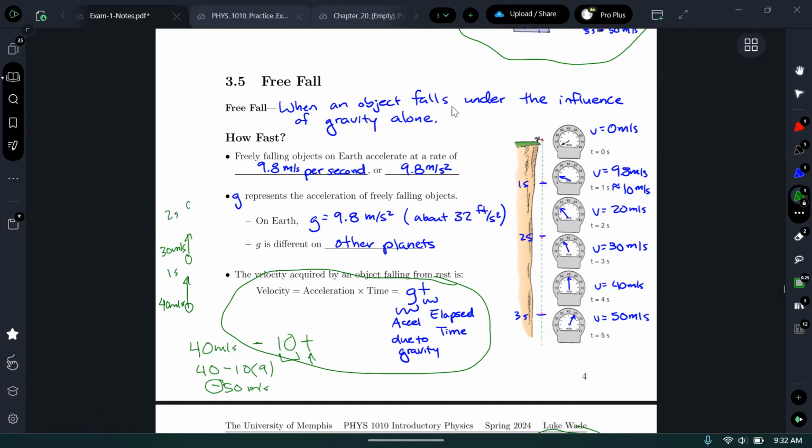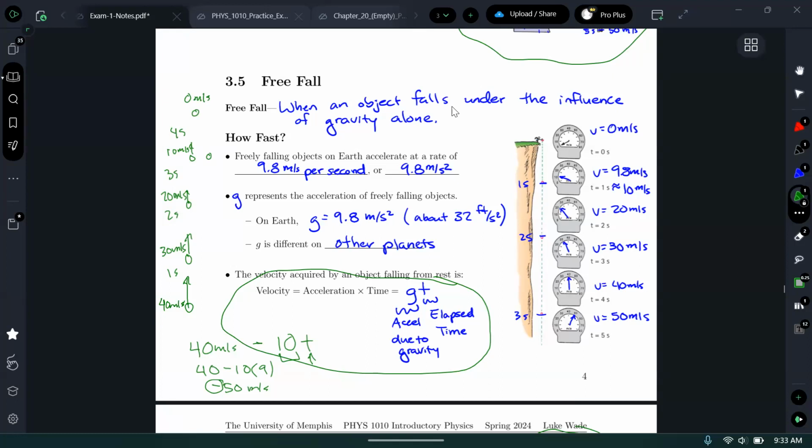After 2 seconds, it'll be going 20. Okay. After 3 seconds, it's going 10. And then after 4 seconds, it's going 0, which tells us we're at the top. Because when it reaches 0, it stops for a moment and then turns around. So we've gotten through 4 of our 9 seconds. We've got 5 seconds left.